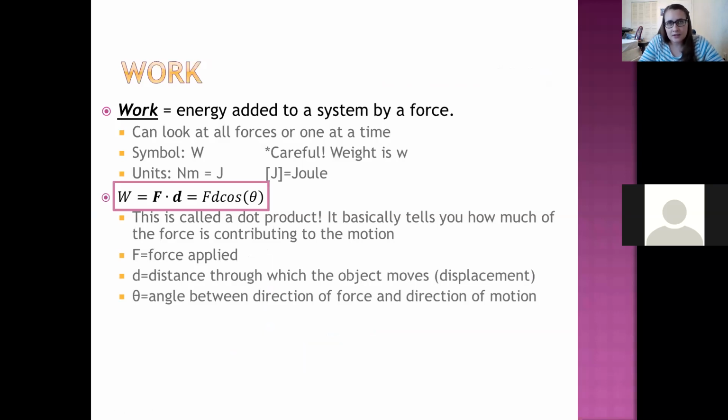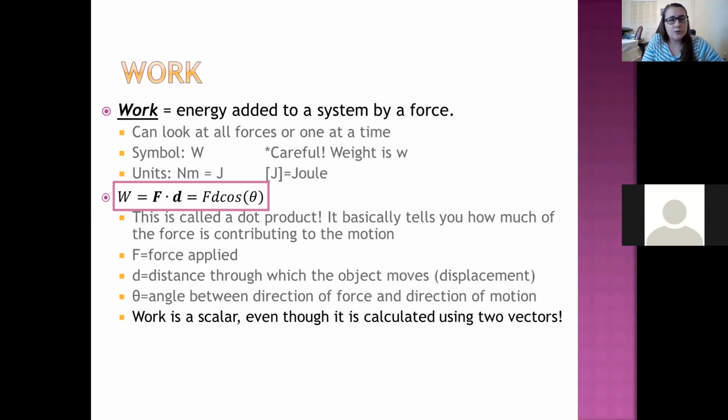Sometimes I'll be asking, what is the work done by the normal force, or what is the work done by gravity, not just an applied force. D is the distance through which the object moves, so that's the displacement. Sometimes you'll see that written as lowercase s in your textbooks, but it still means displacement. And then theta is the angle between the direction of the force and the direction of motion.